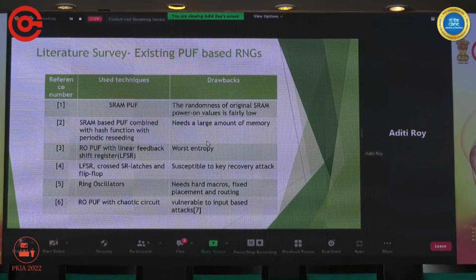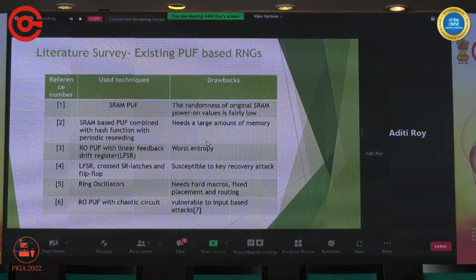The next reference is based on RO-PUF. RO is ring oscillator based PUF that works by creating a self-oscillating circuit using statistical variations of transistors and wires in the integrated circuit. So it has identical ring oscillators, that are called ROs.